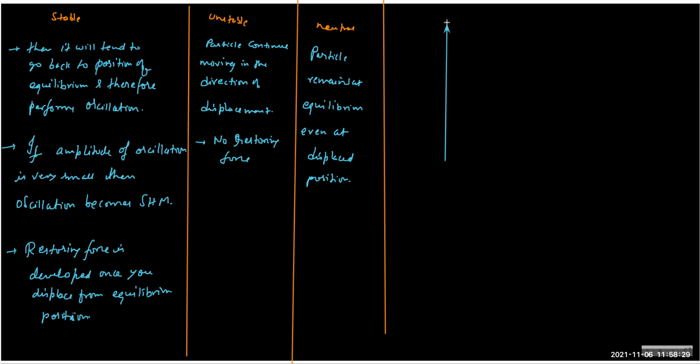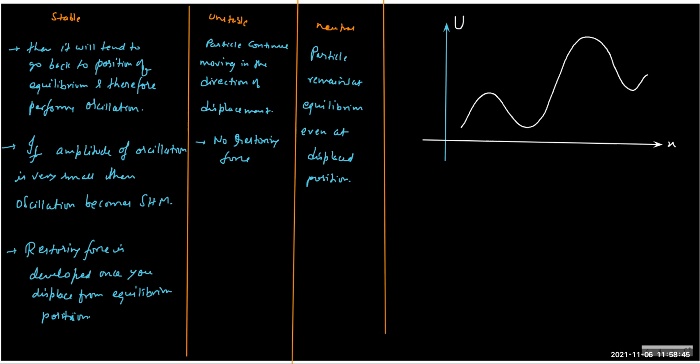So now the kind of question which you can expect is graphical as well as numerical. If I plot a graph between potential versus x, how many stable and how many unstable equilibria can you see here?